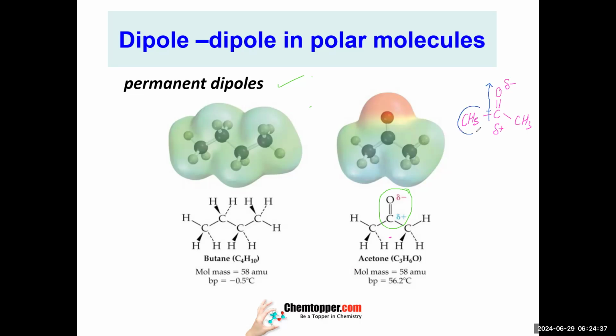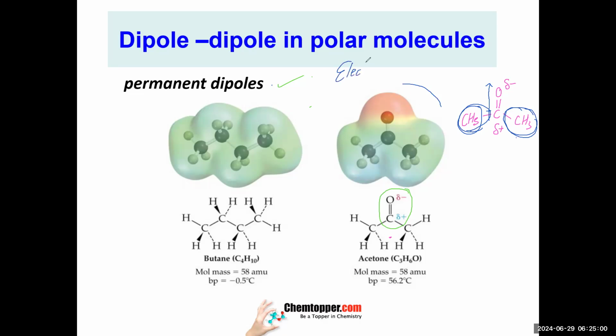Is this part polar? This one? This part? Is this polar? It's a hydrocarbon type, right? So there is hardly any polarity here. So this is called a permanent dipole.